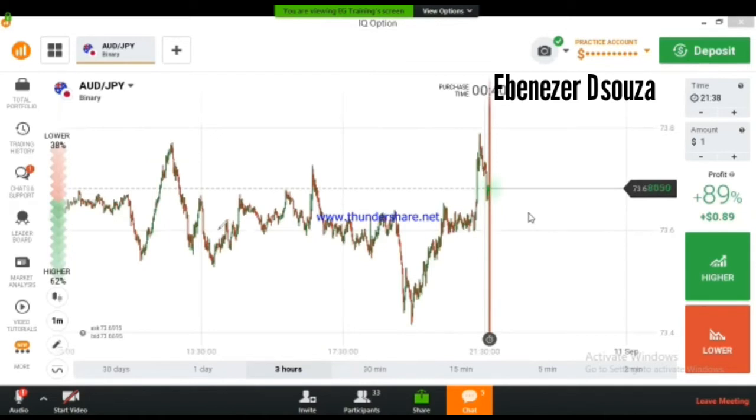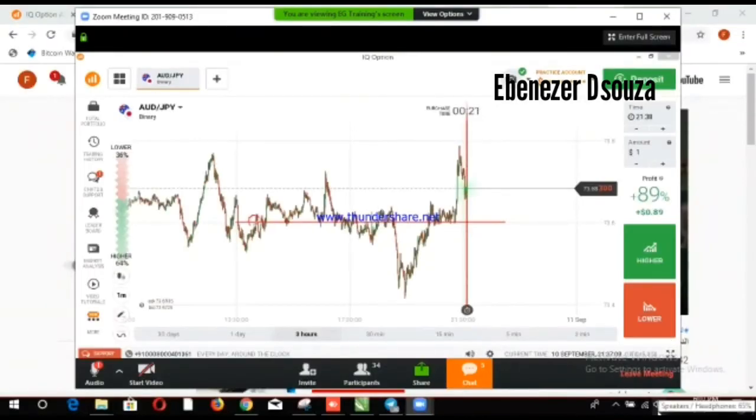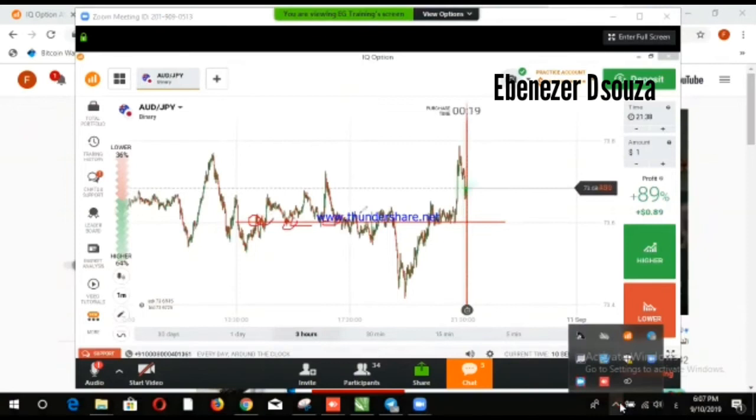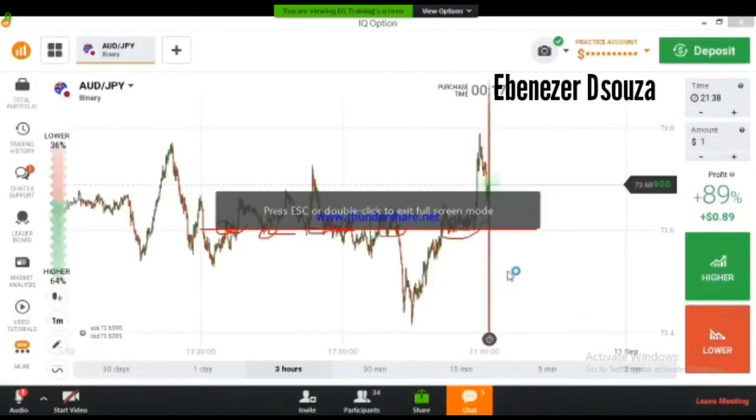If you see any strong level, you can expect a reversal from the strong level. If you see any strong levels like this, then you can expect a reversal at the strong level.